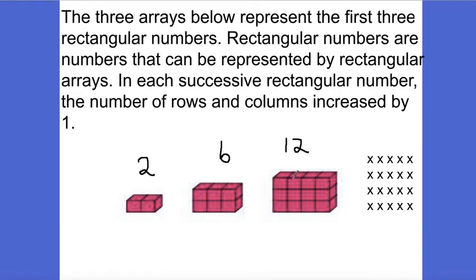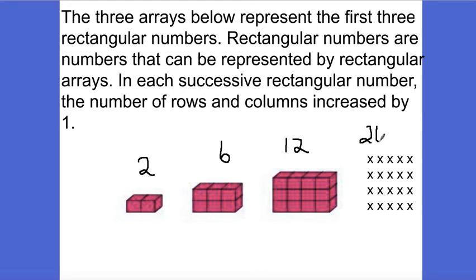Well, this one had 1, 2, 3, 4 columns. So that should mean that this next one will have 5. 1, 2, 3, 4, 5. So that's the next rectangular number. The rectangle is sitting a different way, but it's still rectangular. So that's 4 by 5. So the next rectangular number is 20.